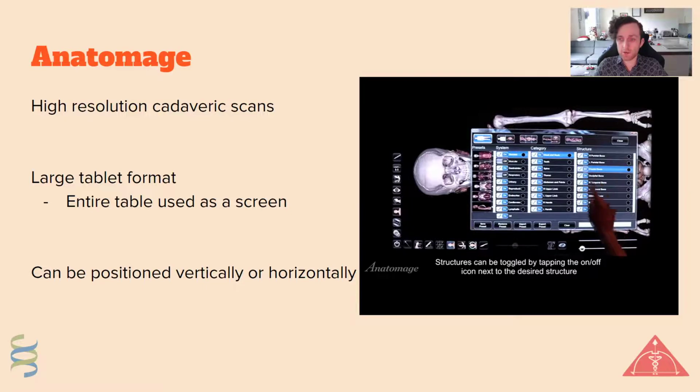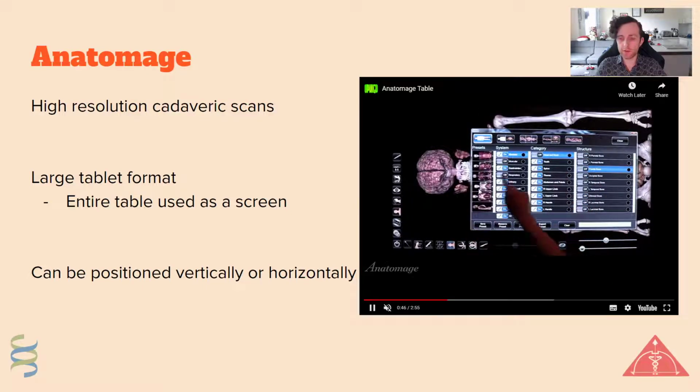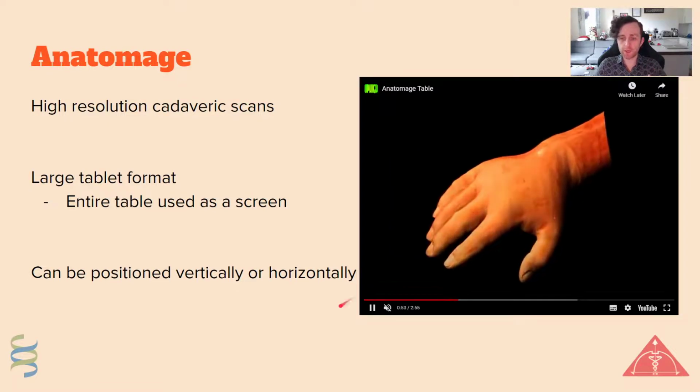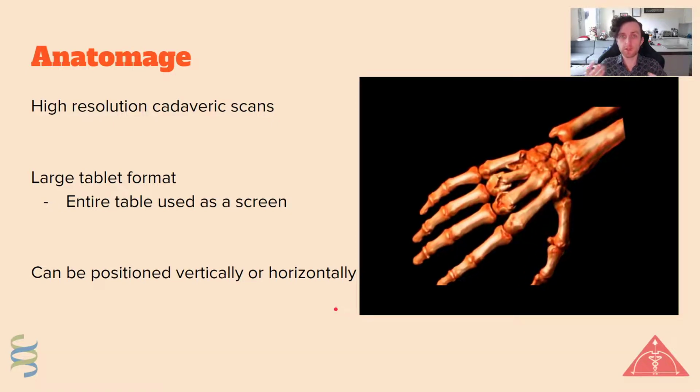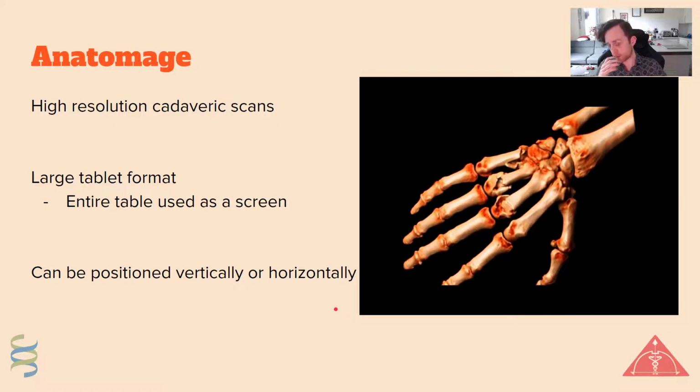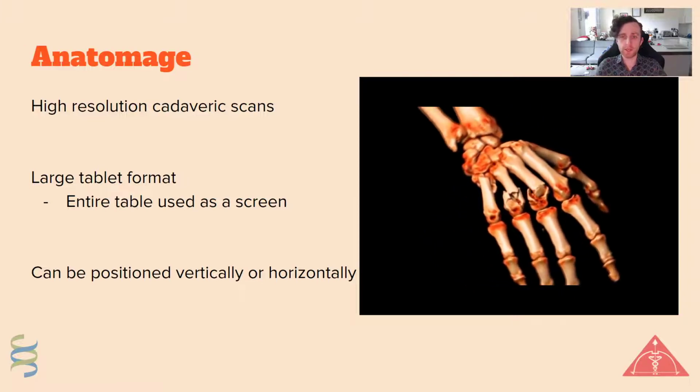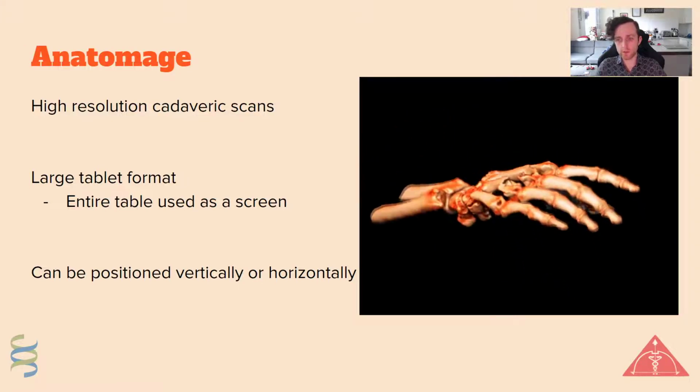Again, this software, incredibly rich. You can see the amount of options that you have for kind of adding and removing the anatomy, similarly to what you'd have from Complete, but all of this is actually true cadaveric images. These are taken from the Visible Body Project, so you will get much better representation of human anatomy with this software.